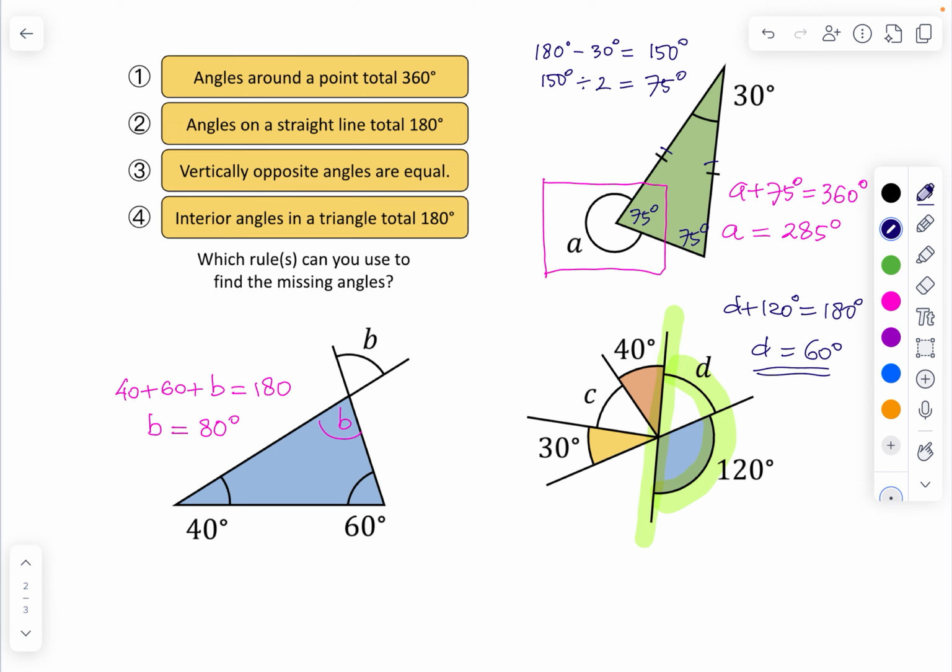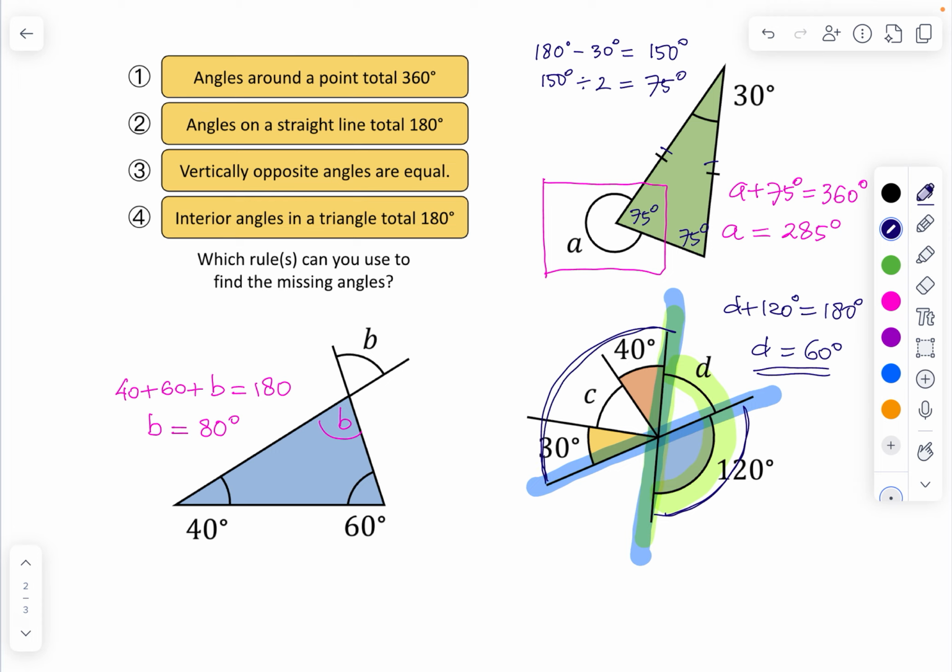Now the next one you can solve in many different ways. However, hopefully you can realize that because we have two lines that are intersecting like this, there are two angles that are back to back, or vertically opposite angles, and those angles are this 120 degrees and the total of these three angles together.